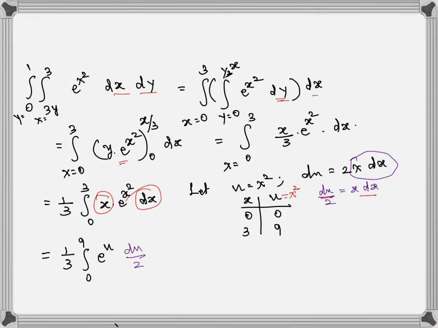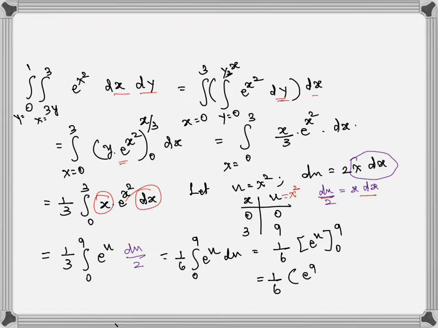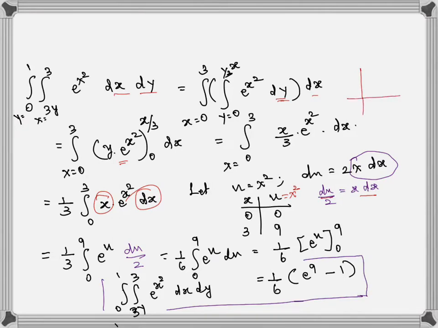That 2 can be brought outside the integral, so it's 1/6 times the integral of e to the u du between the limits 0 and 9. So it is 1/6 times (e to the 9 minus e to the 0). E to the 0 is 1, so it is 1/6 of (e to the 9 minus 1). So the double integral of e to the x squared dx dy with the given limits becomes 1/6 (e to the 9 minus 1).